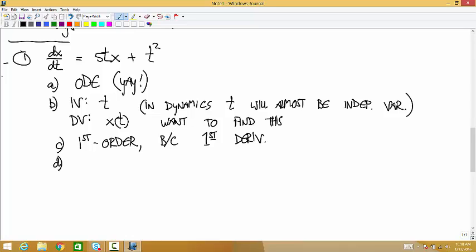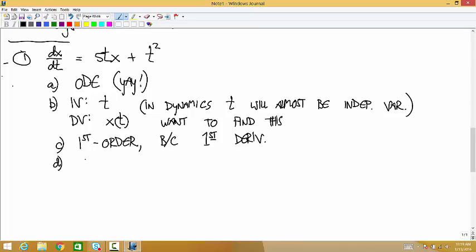If you have a system of ordinary differential equations, say a system of 2 second-order differential equations, then you're solving for 2 dependent variables, 2 functions. Each of those functions is going to have 2 constants of integration. So you'll have 2 times 2, 4 boundary conditions.